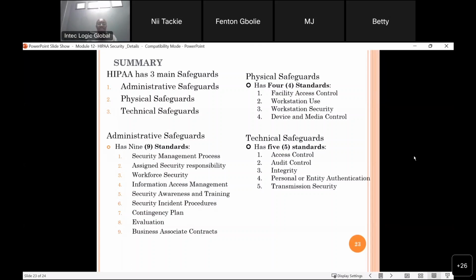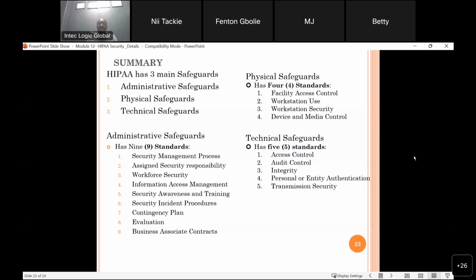Security management process, assigned security responsibility, workforce security, information access management, security awareness and training, security incident procedures, contingency plan, evaluation, and business associate contract. Those are the 9 standards.